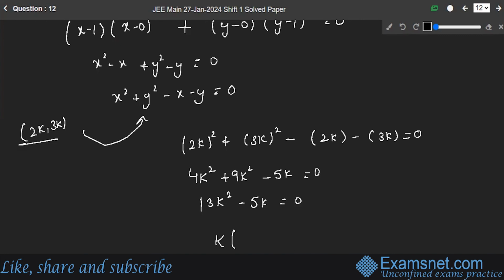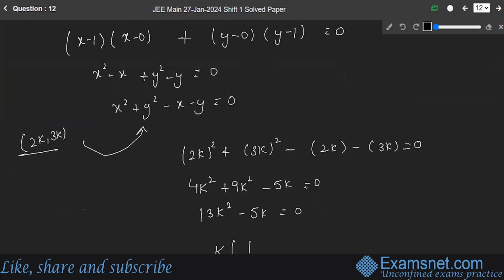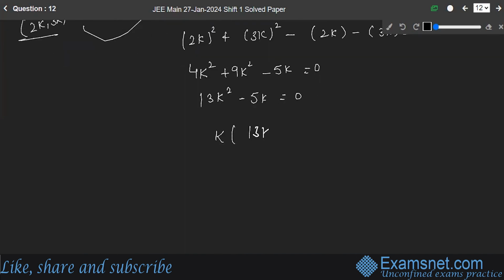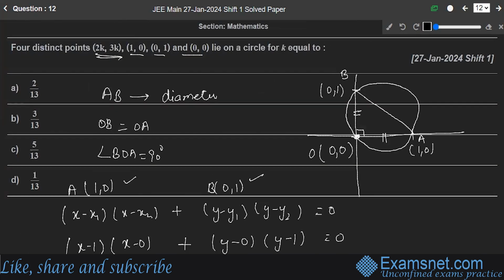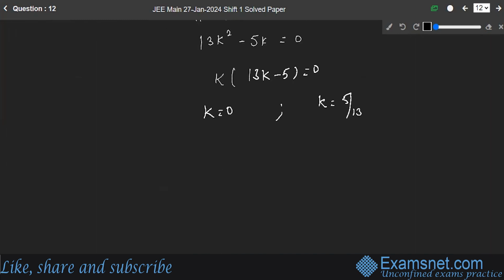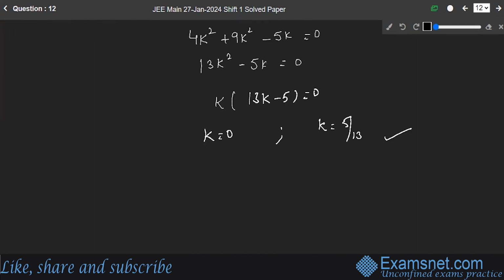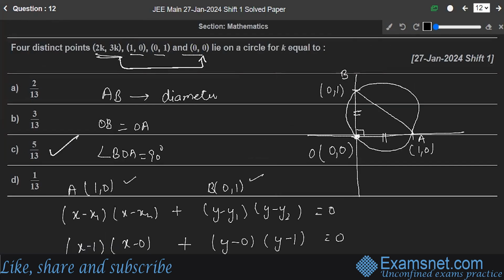Let's take k common: k(13k minus 5) is equal to 0. That gives you either k is equal to 0 or k is equal to 5 upon 13. K can't be 0, right? Because if I put k is equal to 0, this will become the origin, which is already given over here. That means k is equal to 5 by 13. That's it. You needed the answer: k is equal to 5 by 13.